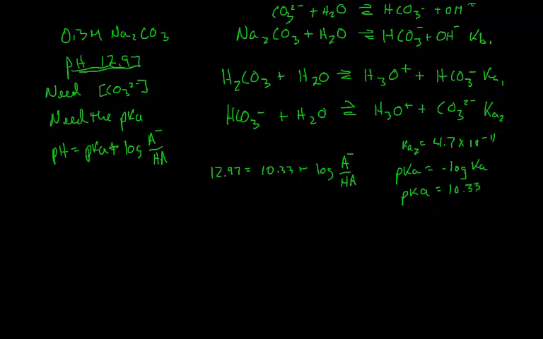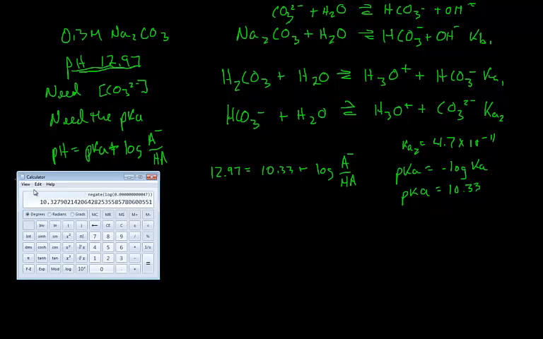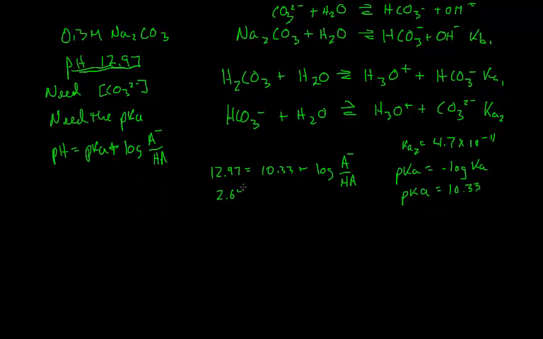So 12.97 minus 10.33 is 2.64, which equals the log of A minus over HA.